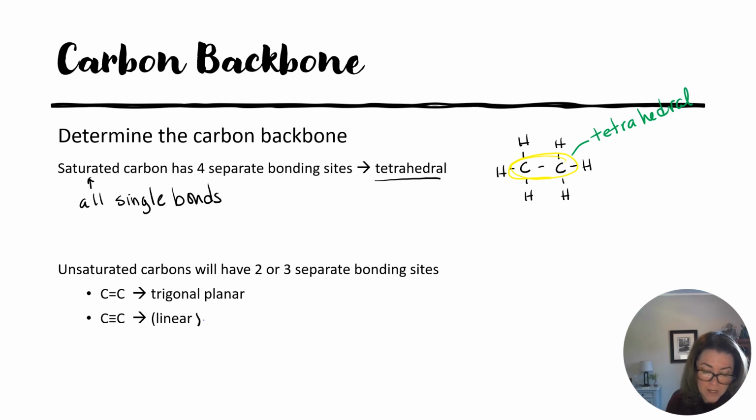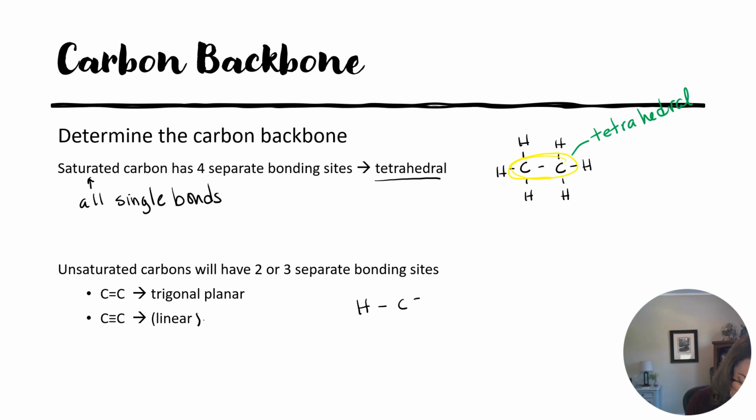Now, if I am dealing with an unsaturated carbon, these are going to have 2 or 3 separate bonding sites. Unsaturated means that I have double or triple bonds. If I have a molecule where the carbon is double bonded, that is going to give me something that is trigonal planar.